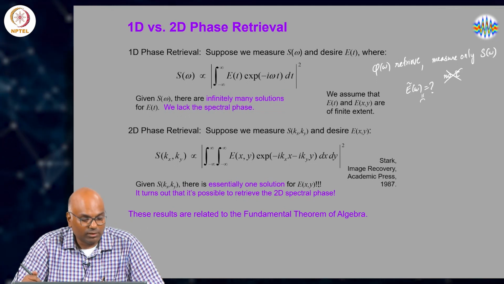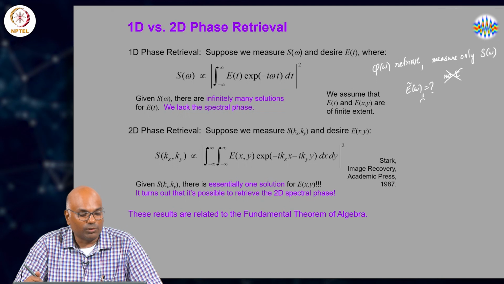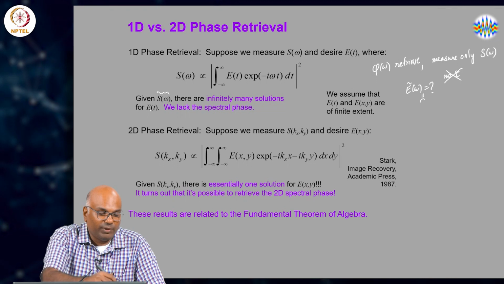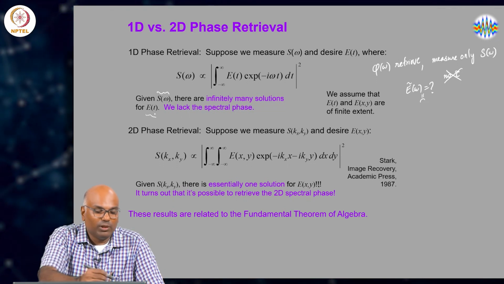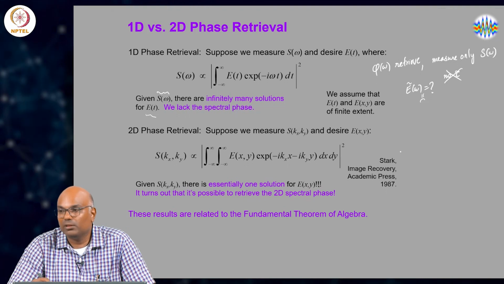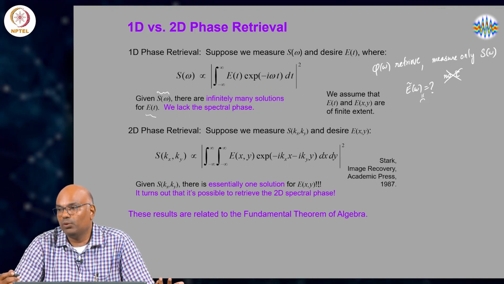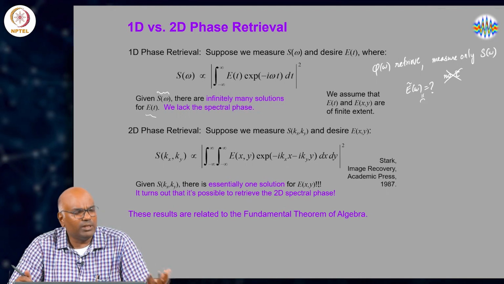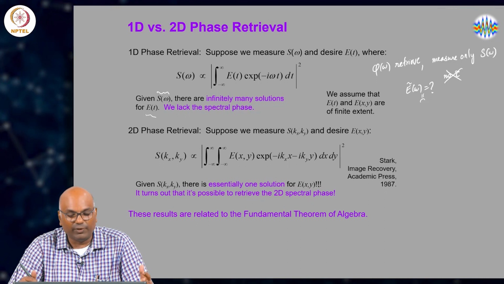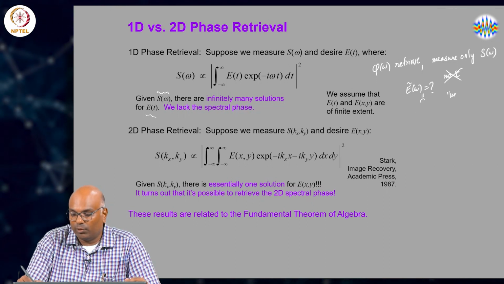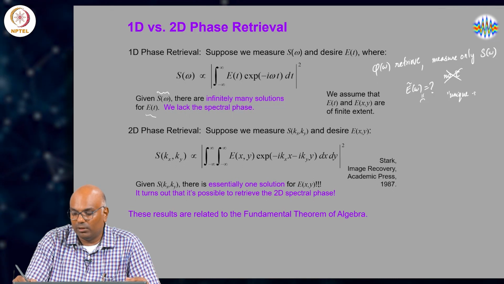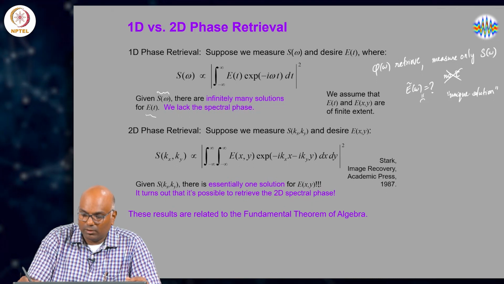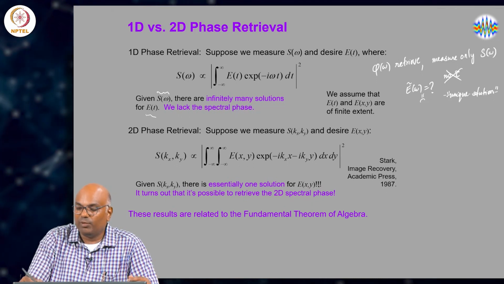A practitioner figures this out, but mathematically also, if you are given only S of omega, you can invert the S of omega to infinitely many E of t's, because we do not have the knowledge of phi of omega, no delay involved. When we lack spectral phase, we can map it to a whole set of these, therefore we do not have what we typically like to call the unique solution. Unique solution cannot be found.